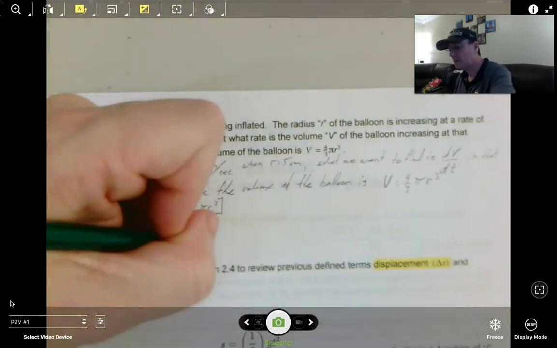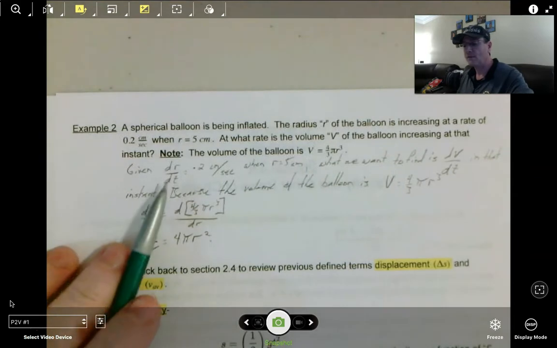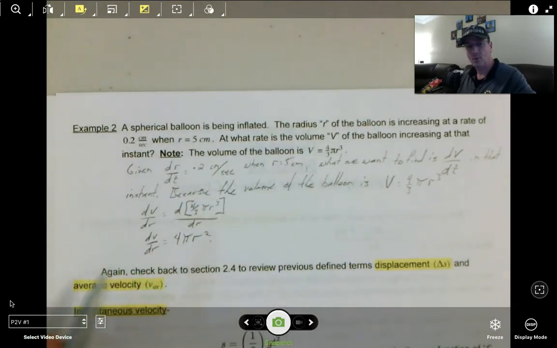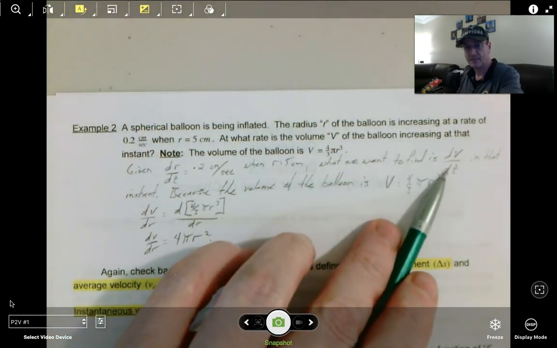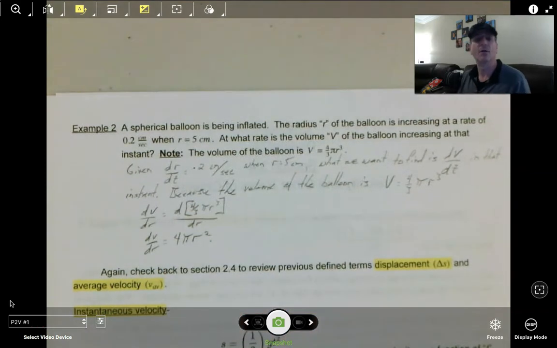We know dr/dt. We know dV/dr. We're looking for dV/dt. That's our end goal.